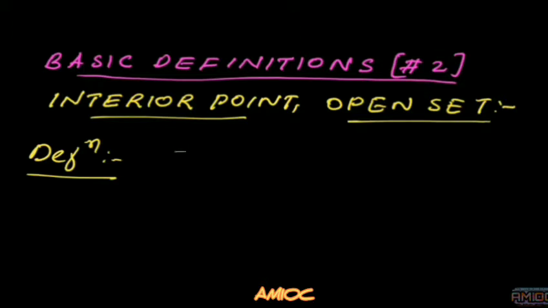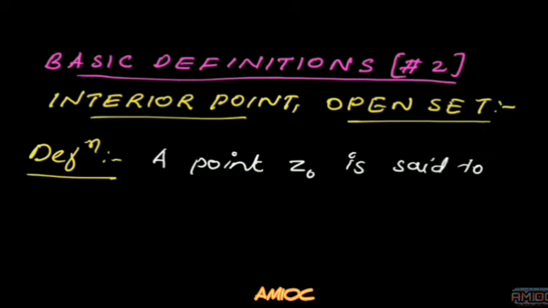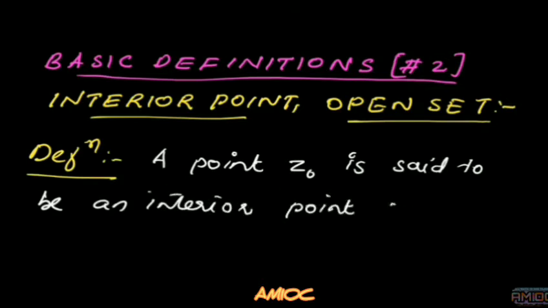And the definition says that if we are given a point z0, a point z0 is said to be an interior point of a set S in the complex plane.